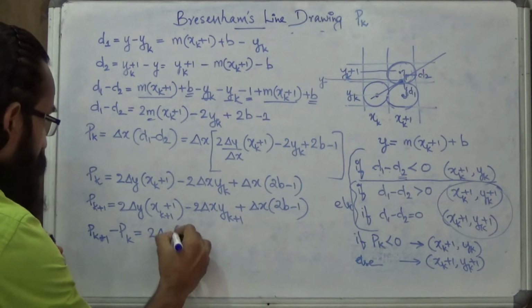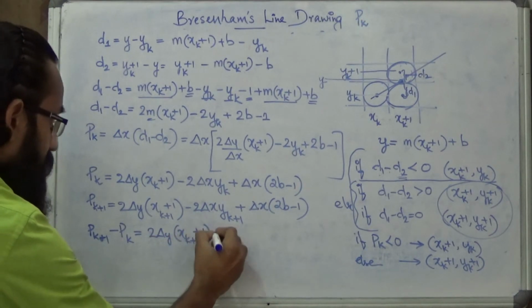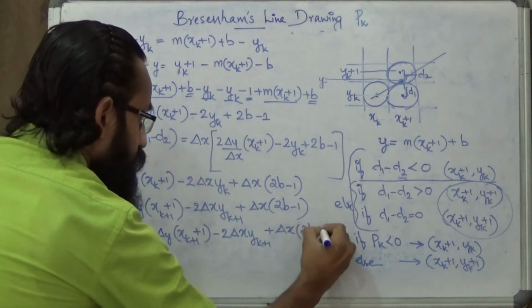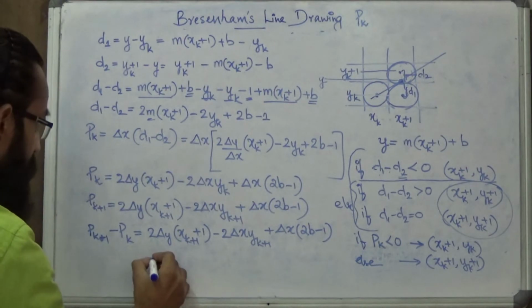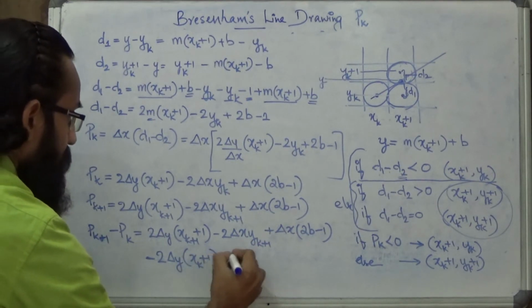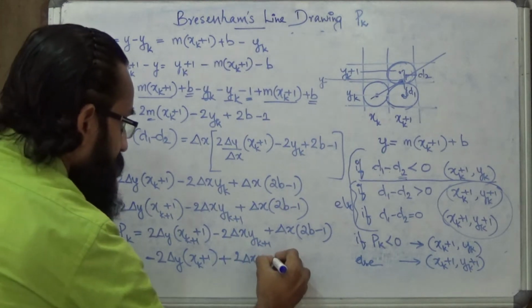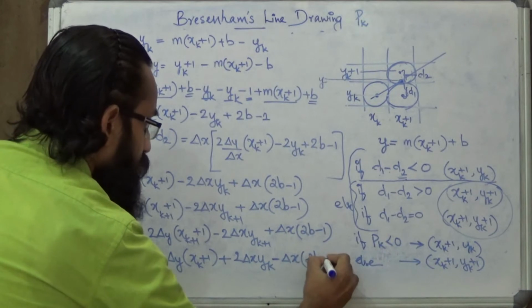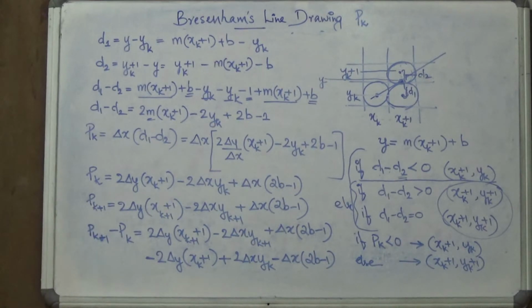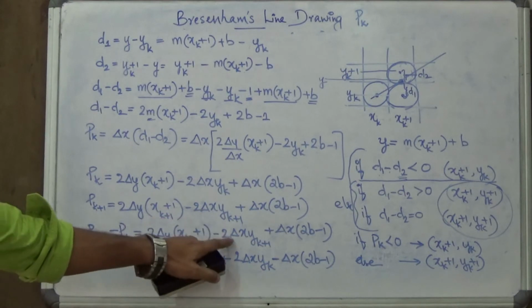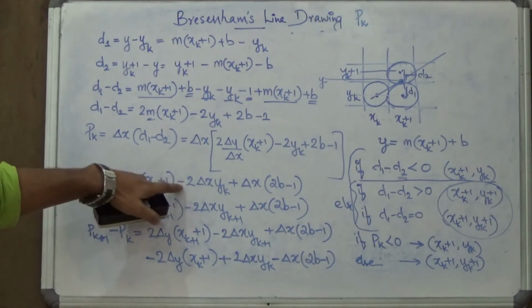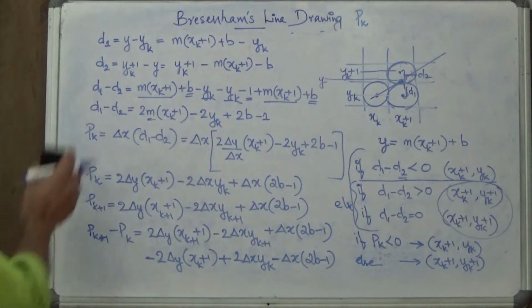So 2 delta y into (xk+1 + 1) minus 2 delta x yk+1 plus delta x into (2b minus 1), minus this quantity, that is minus 2 delta y (xk+1) plus 2 delta x yk minus delta x into (2b minus 1). So we have subtracted pk from pk+1.